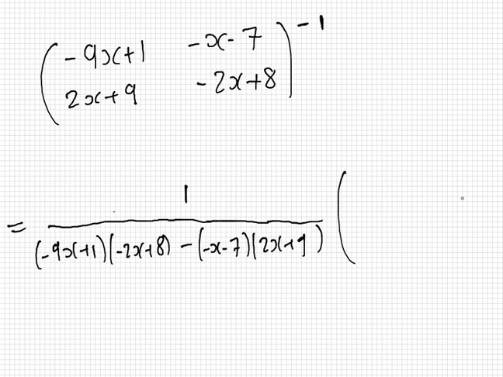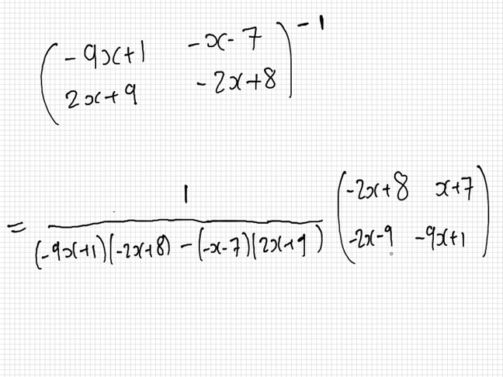So it's quite long. Then I swap: minus 2x plus 8, minus 9x plus 1. And then I have minus x plus 7, minus 2x minus 9. Now I need to simplify this here.